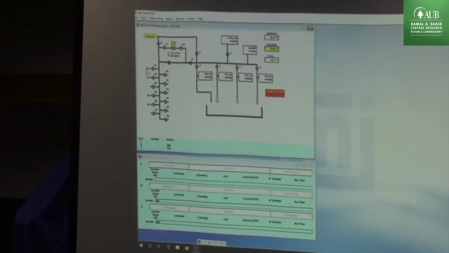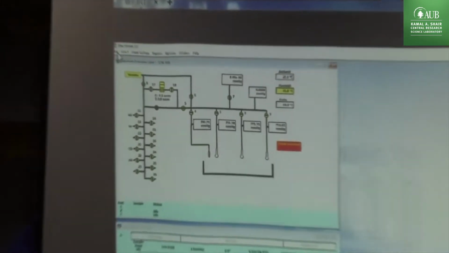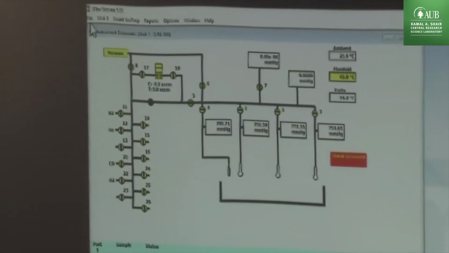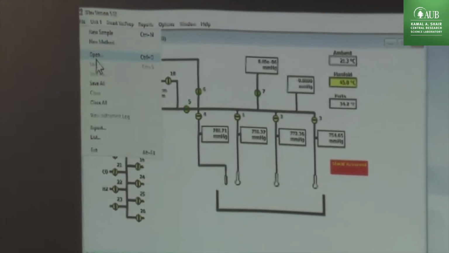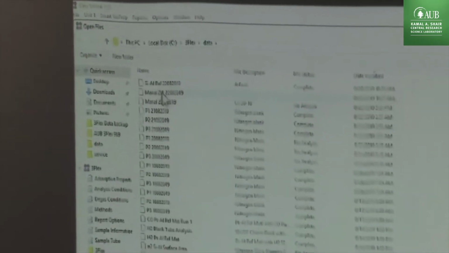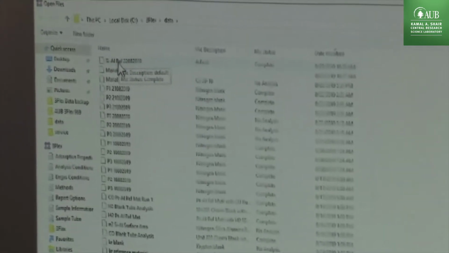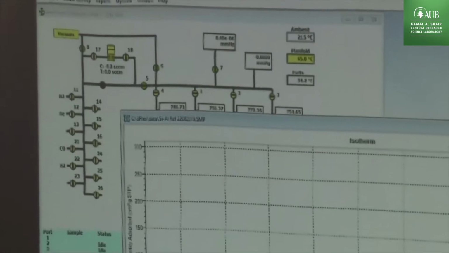This is the first sample. So you go to File. Let's not move it too much. I hope it's not going to fall down. Go into File, open one of the files, and I think this is your silica alumina. This is our reference material. Yes, the other one. Okay, let's go to the other one first.